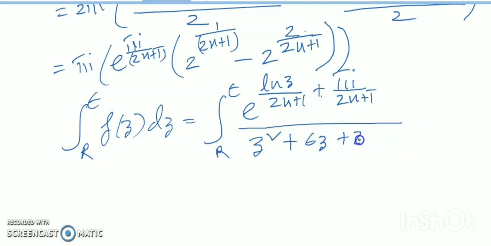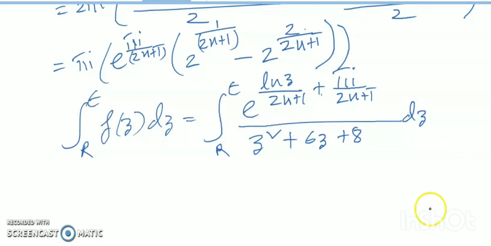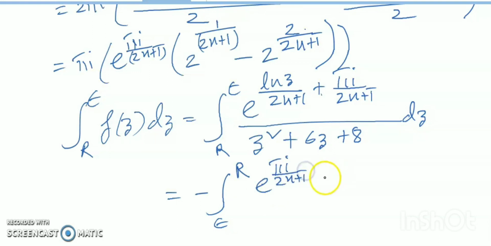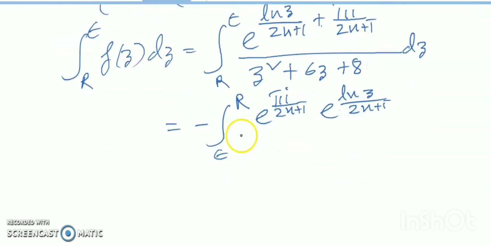Now it can be written this way: epsilon to capital R, minus e to the power pi I divided by 2n plus 1, e to the power ln z divided by 2n plus 1, divided by z square plus 6z plus 8 into dz.